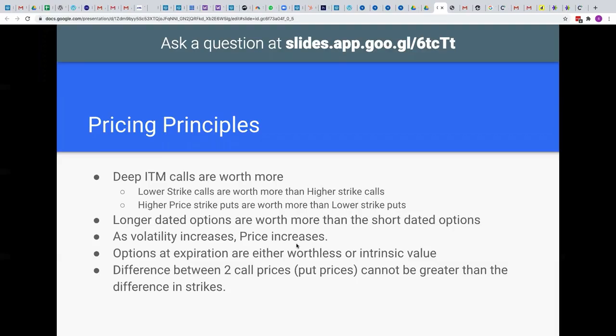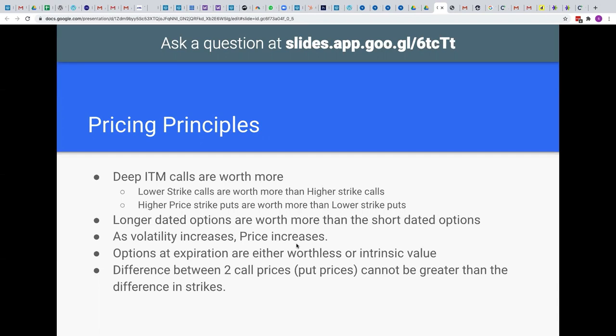Why? Because if you have a longer dated option, there is a very high possibility of the option moving in the right direction, so you will have more bang for your buck, so it will be pricier. And also, as we already saw, as volatility increases, price increases. And as I mentioned before, options at expiration are either worthless or will have an intrinsic value, right?